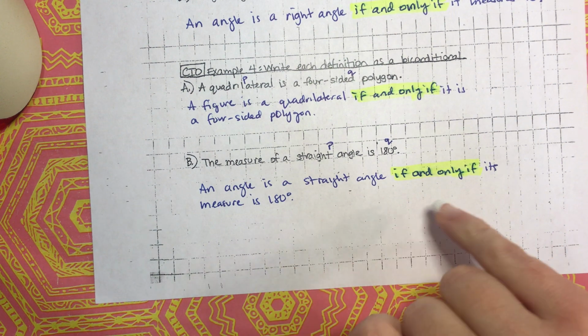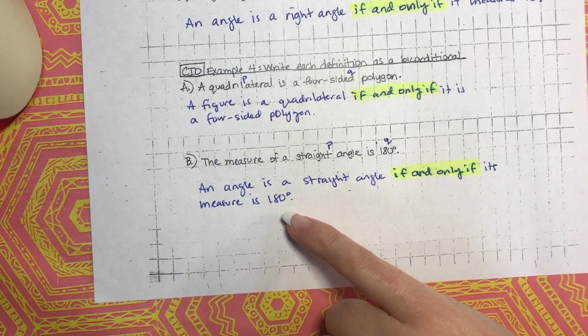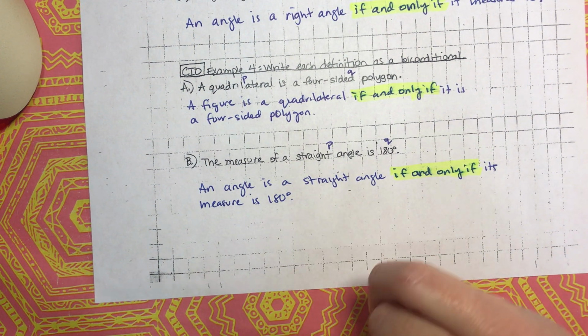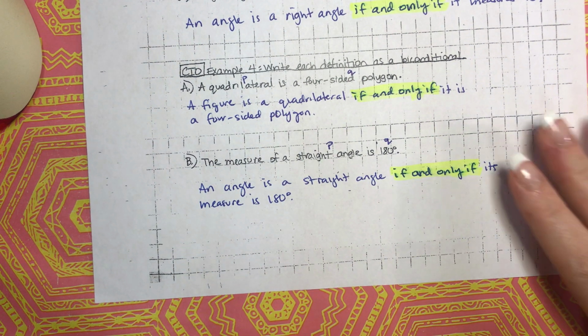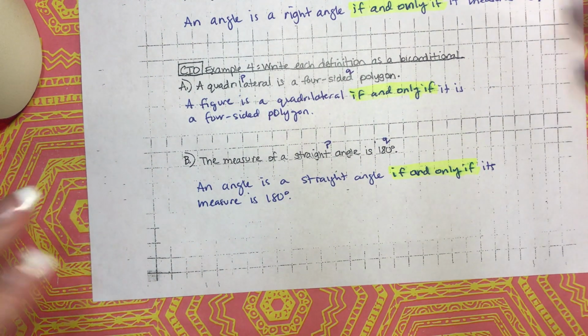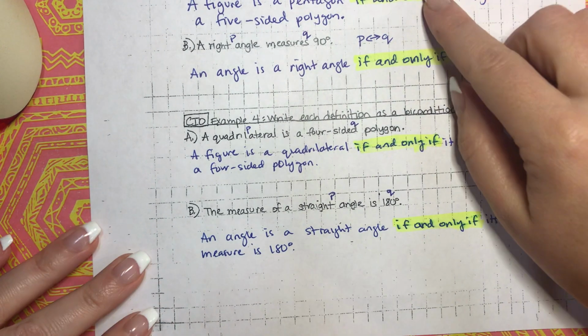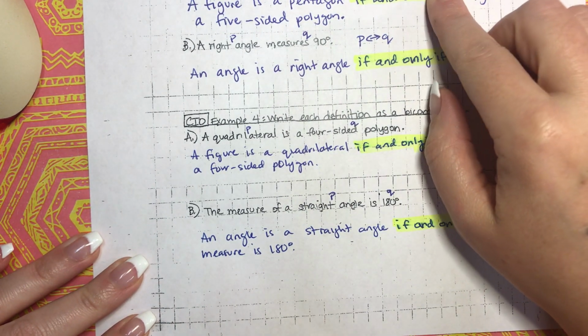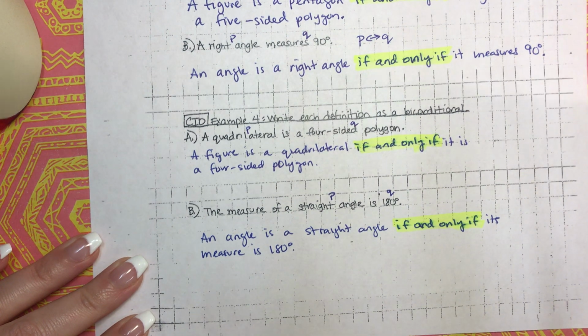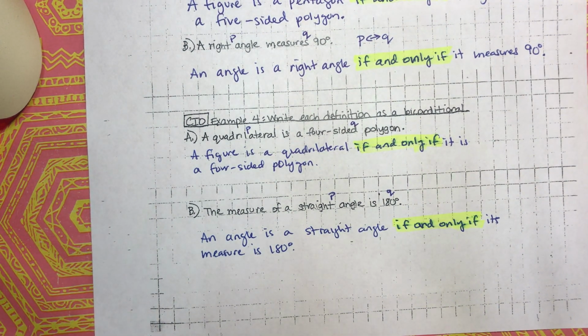Or we could say an angle measures 180 degrees if and only if it's a straight angle. It's kind of cool. You can write them this way or the other way, which shows that the conditional is true and also the converse is true as well.